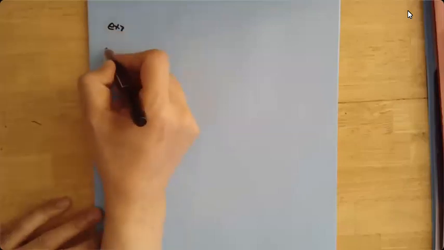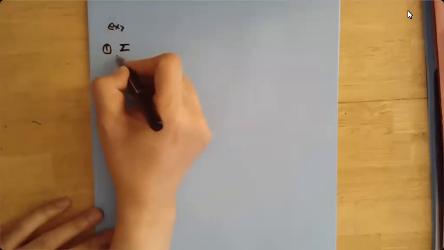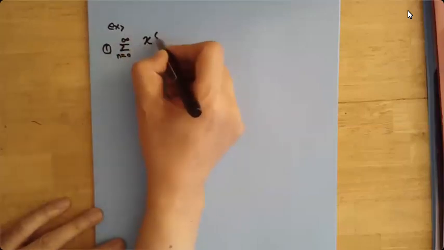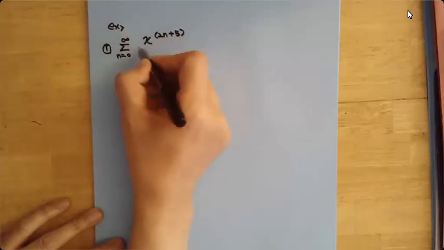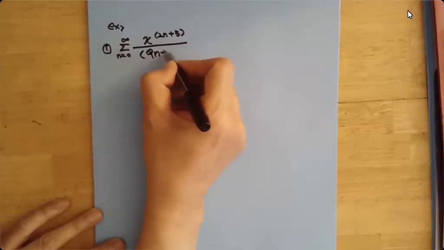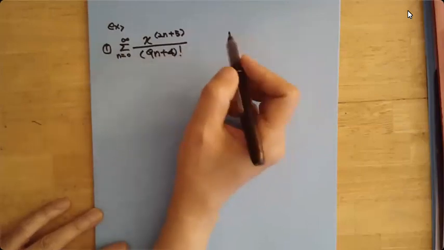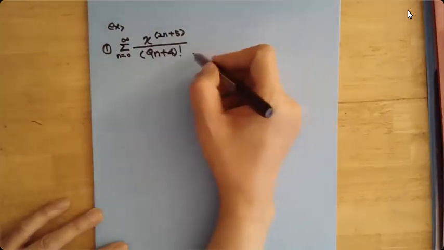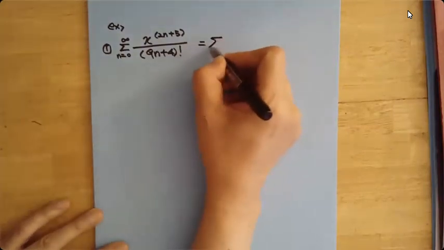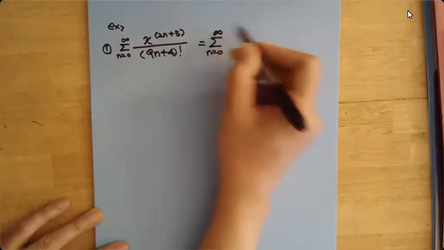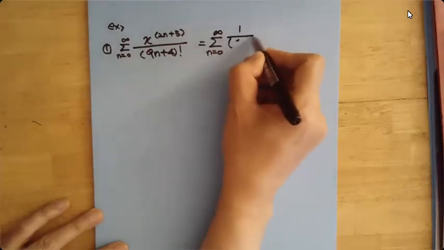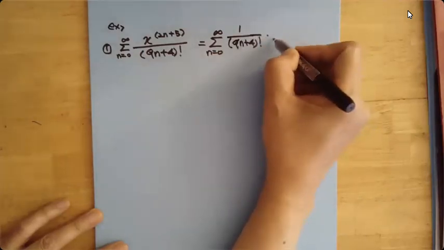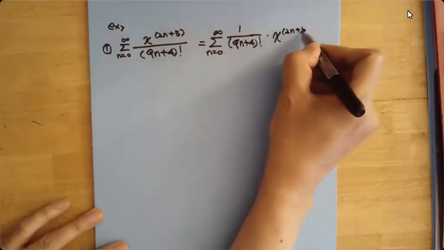Before we go further, it is important to know what is a power series and what is not. Take the summation of x to the 2n plus 5 over (9n plus 4) factorial. This can be written as the summation n equals 0 to infinity of 1 over (9n plus 4) factorial times x to the 2n plus 5.